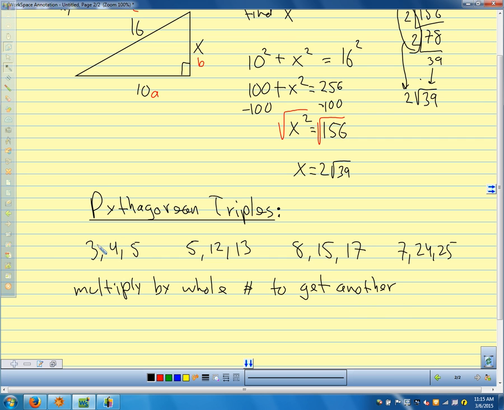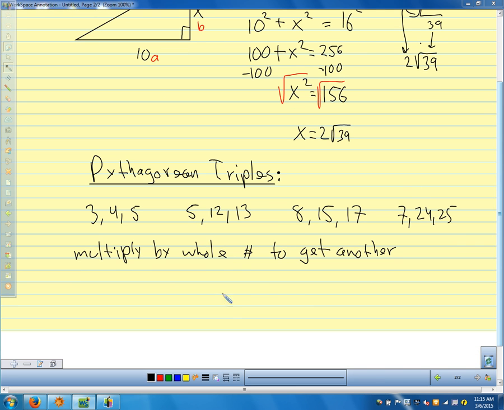So we could multiply the 3, 4, 5 by 2, and we could get 6, 8, 10, which would be sides of a right triangle. I can multiply this one by 2: 10, 24, 26. Another Pythagorean triple. Sides of a right triangle.